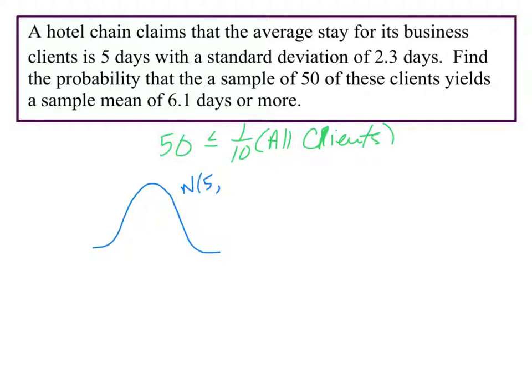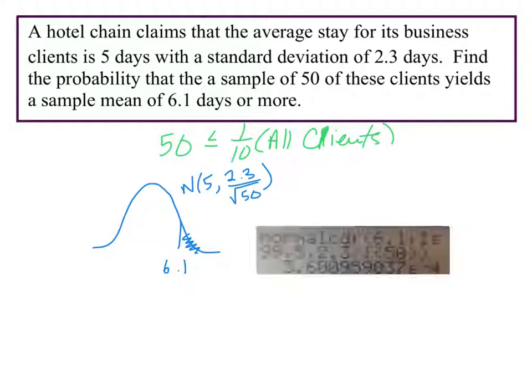But this is saying we took a sample of 50 and the average was 6.1. So we modify our deviation because a sample mean should have less deviation from 5. So it's 2.3 over the square root of 50, and we want to know 6.1 or more. And here is our answer.